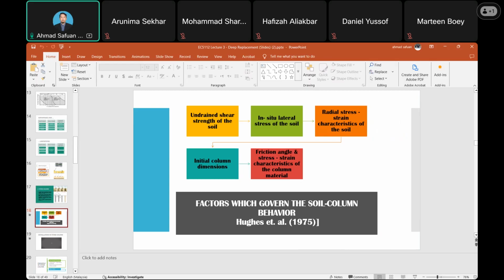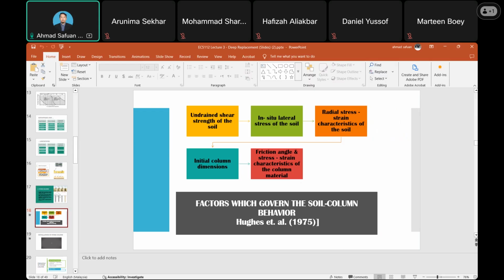So this can be easily determined by knowing the internal friction angle. So we can determine the lateral stress by knowing what we call the coefficient of lateral stress from the internal friction angle.